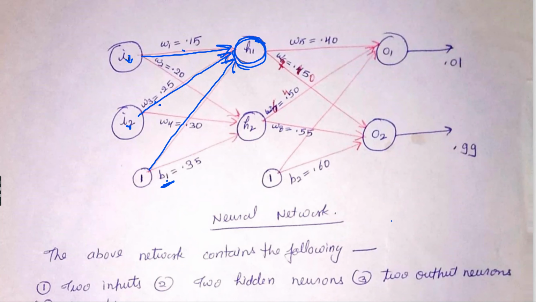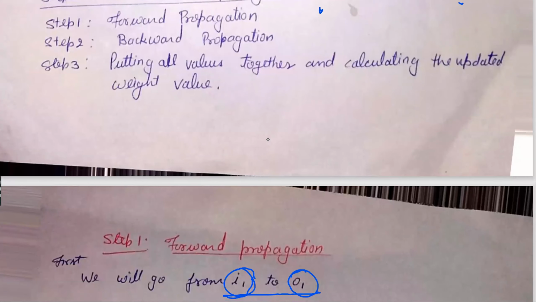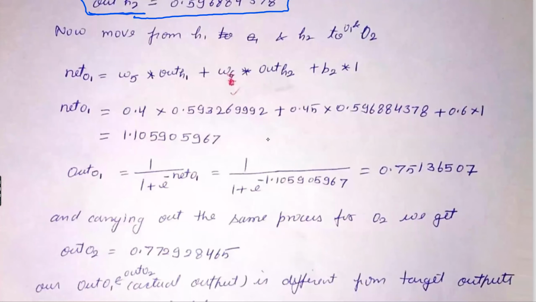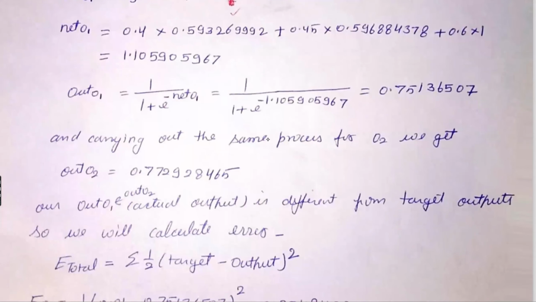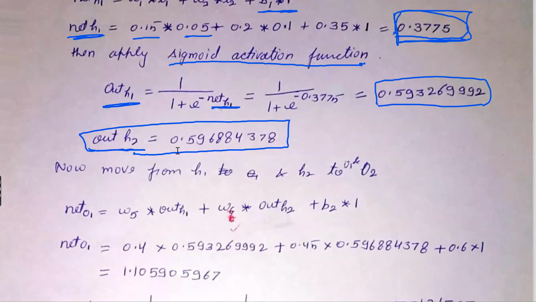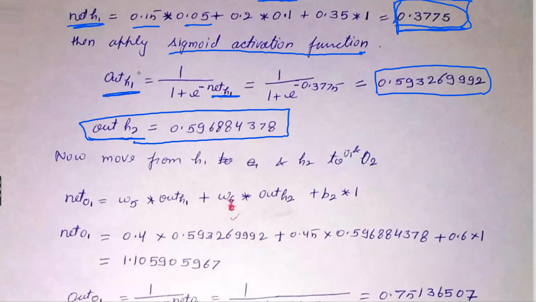These three are the inputs for net H2. First we will calculate net H2, then we apply the sigmoid activation function, and then we will get the output of H2. You can try this yourself. The output of H2 is this, after calculating in a similar way as we calculated the output of H1.